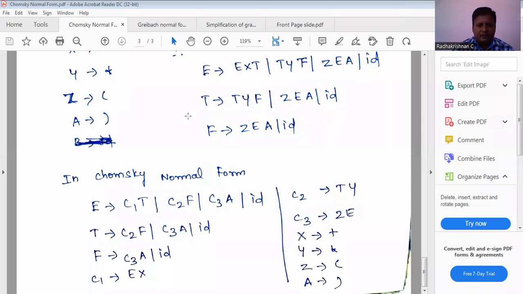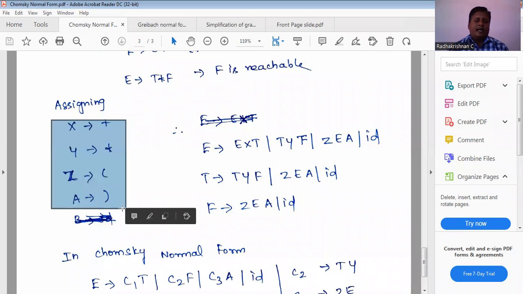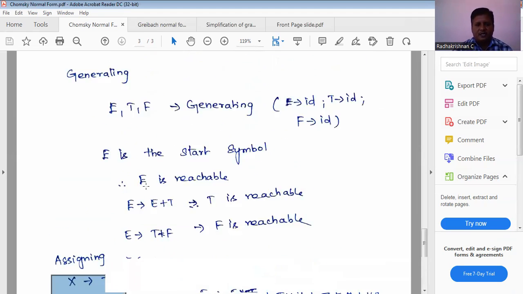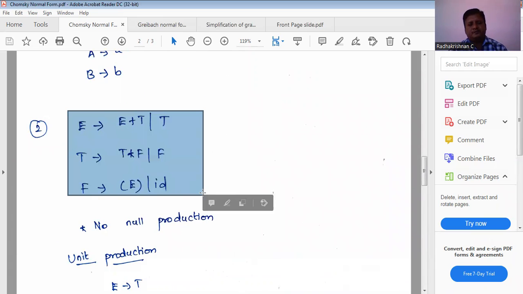Suppose here we are using new non-terminals X, Y, Z, A. So 4 new non-terminals are being added: X gives plus, Y gives star, Z gives open bracket, A gives close bracket. These 4 non-terminals X, Y, Z, A are not already in the given rules.